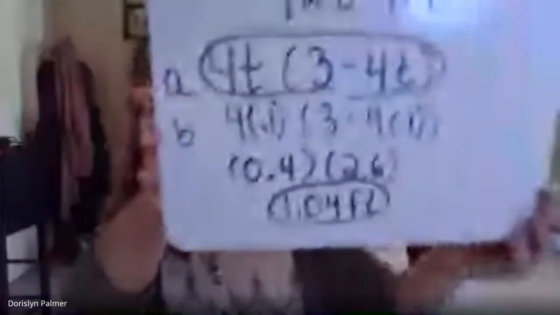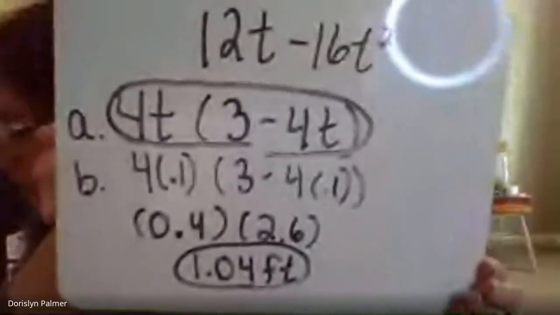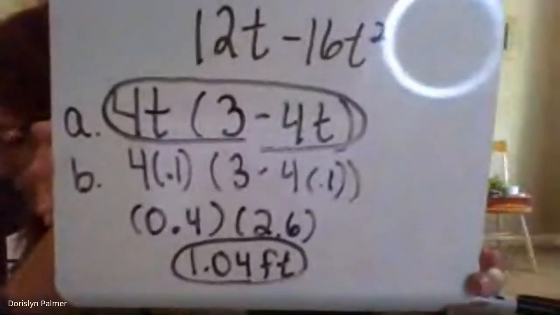All right. Emma, what did you get for part B when you did that multiplication? Emma, you're muted. There you go. I don't know if I got 0.104 or 1.04. 1.04 feet. Yeah. Okay. So put in 0.1. You're going to use your calculator probably.